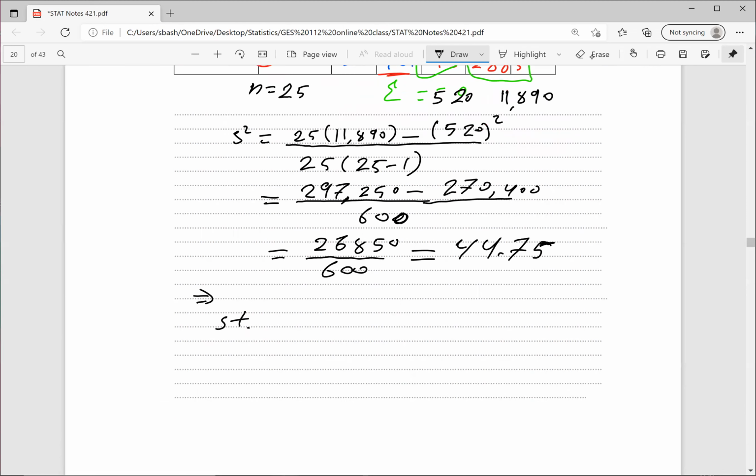Now we can find the standard deviation from this one. The standard deviation is equal to the square root of s squared, that will be the square root of 44.75, which is equal to 6.7.